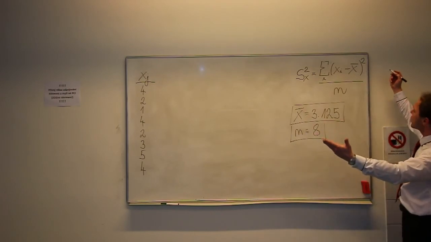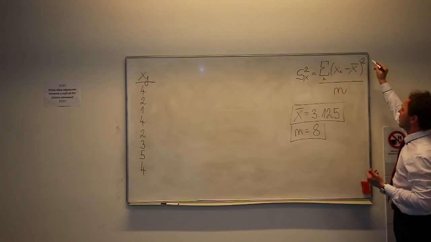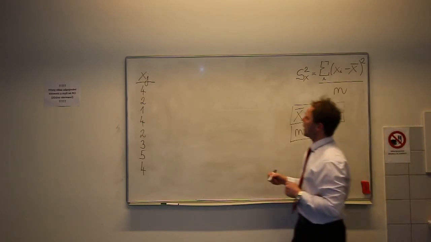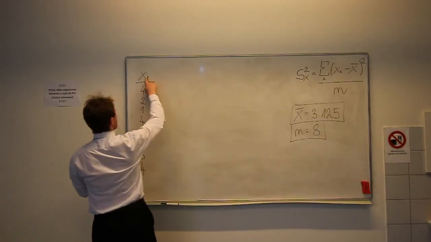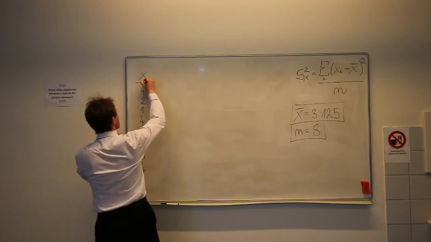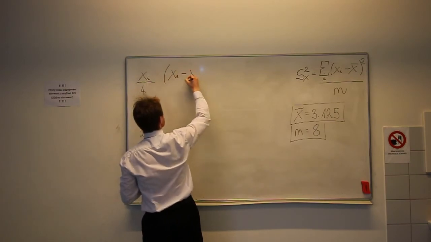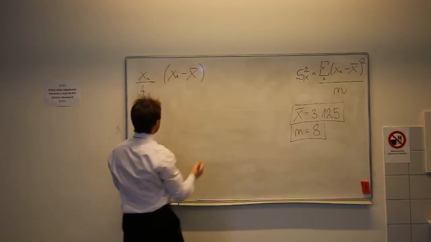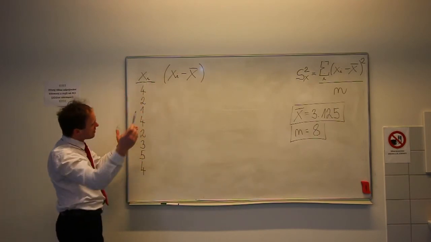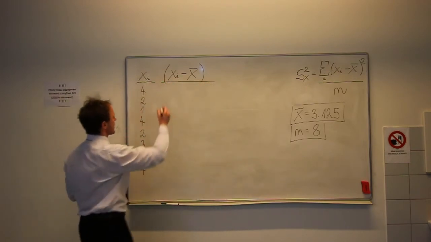What we need is to calculate differences, squared differences, and the summation, three steps. So xi, or xj, it doesn't matter, I will use xi, and here xi minus x with stripe, the differences between values of our variable and the arithmetical mean. So we need to calculate 8 differences.